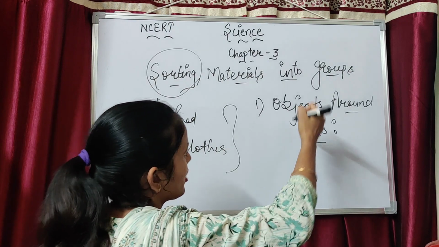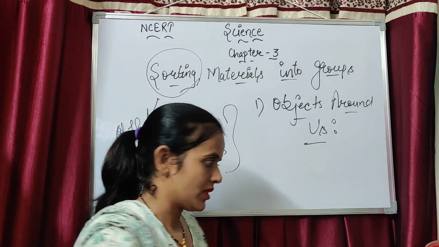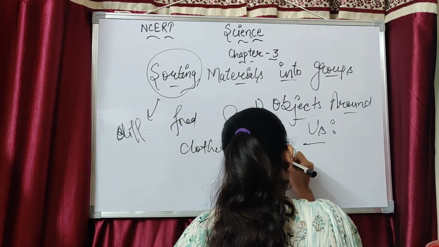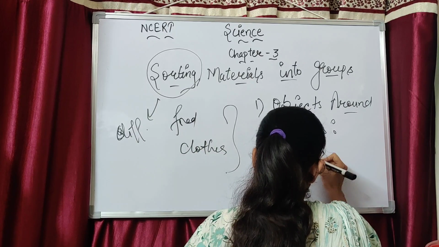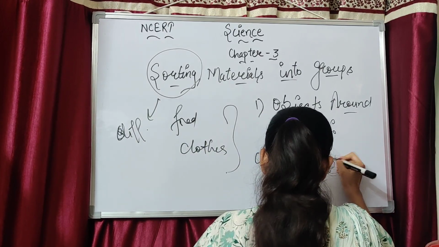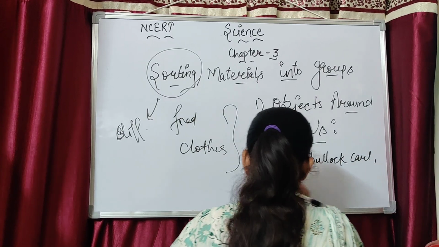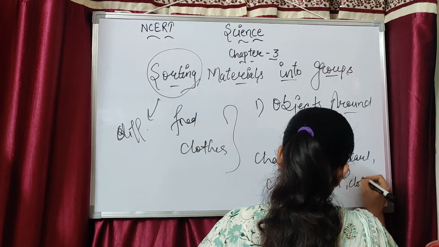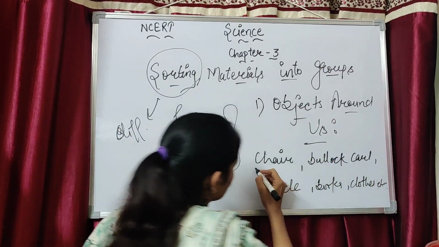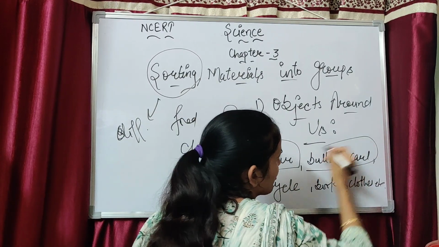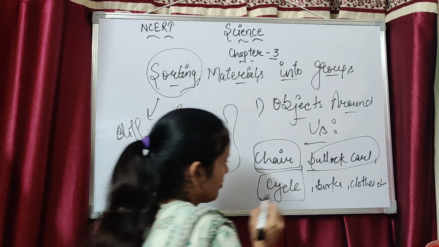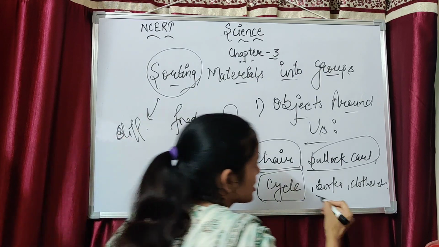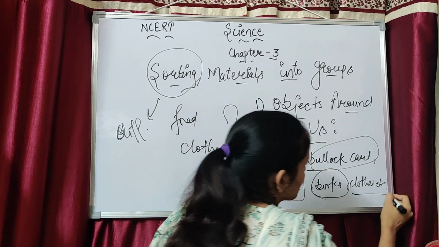Clear? So objects around us, we will see many objects around us. For example, we will see a chair in school, bull cart, cycle, books, clothes, etc. This is made up of plastic, this is made up of wood, this is made up of different materials like iron or steel, this is made up of paper pages, and this is of fiber.